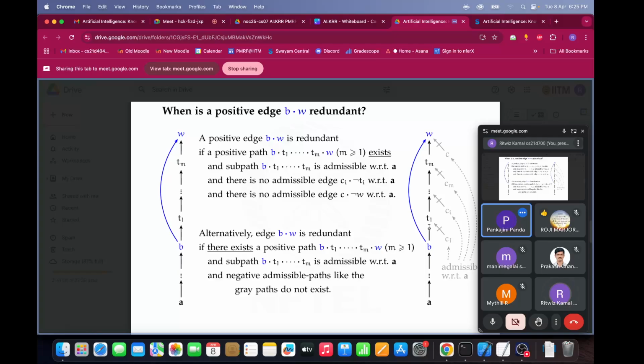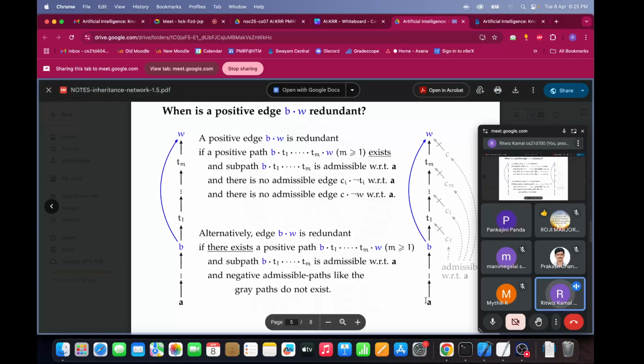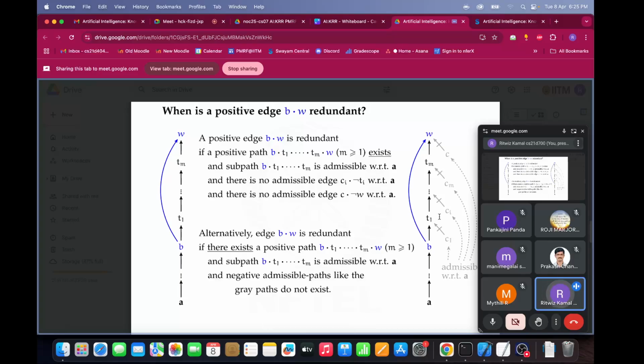If I have to give an example, let's say that A represents a human being. Let's say B is a mammal. So we say that human being is a mammal. Now let's say that T1 represents the set of living organisms. Mammal is a living organism. Then let's say Tm is something else, resident of Earth.